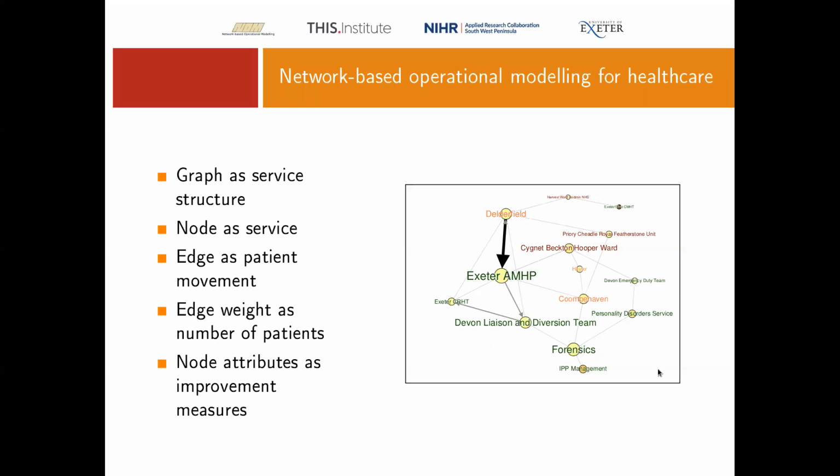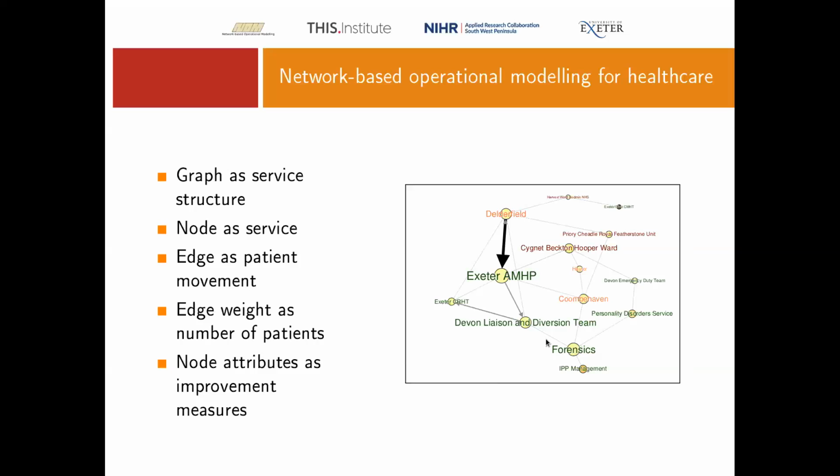What we're trying to do is build a picture of what is happening within the service structure. It's built out of the services themselves and the links that patients form by their movements between different services. Then we can embed information about their movements and about the operation of the services themselves.